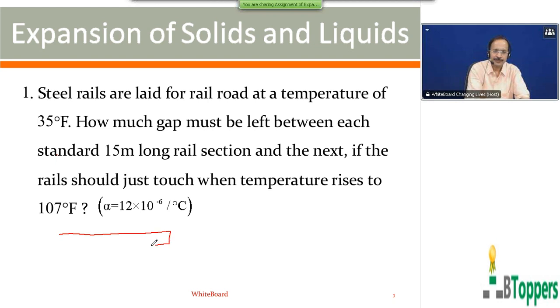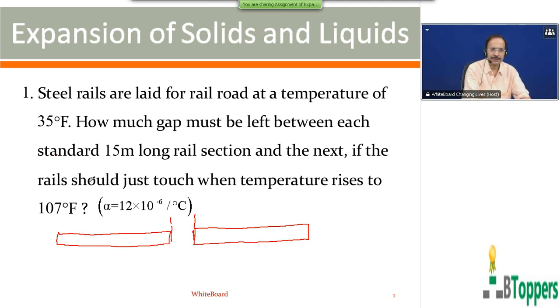So let L denote the length of each rail. If delta L is the elongation of each rail when temperature increases in the maximum possible range, the elongation will take place at both the ends of the rod.